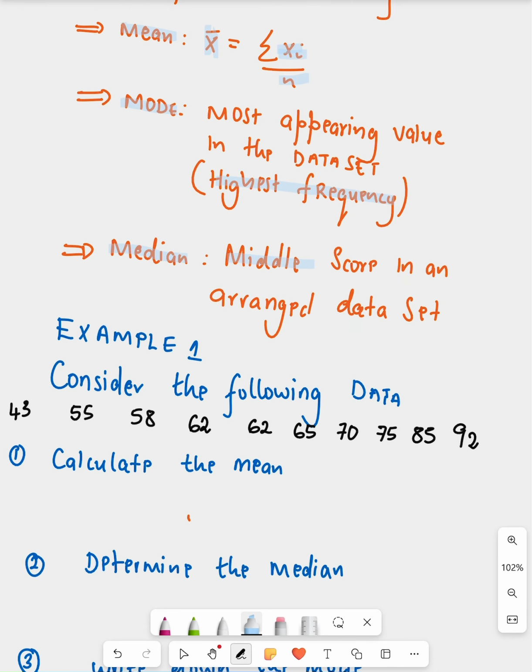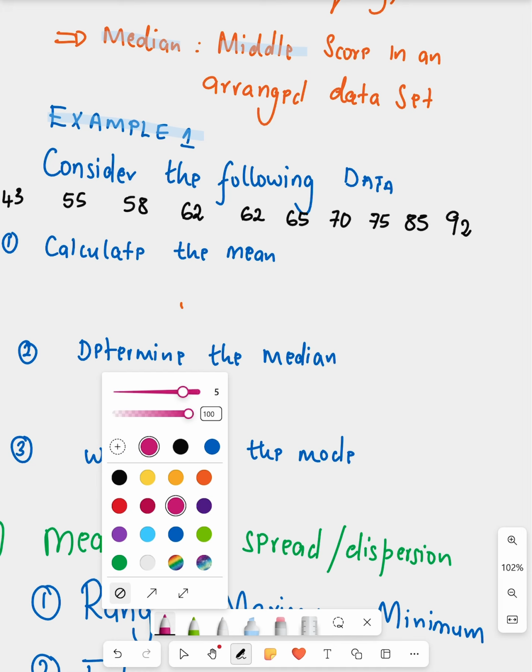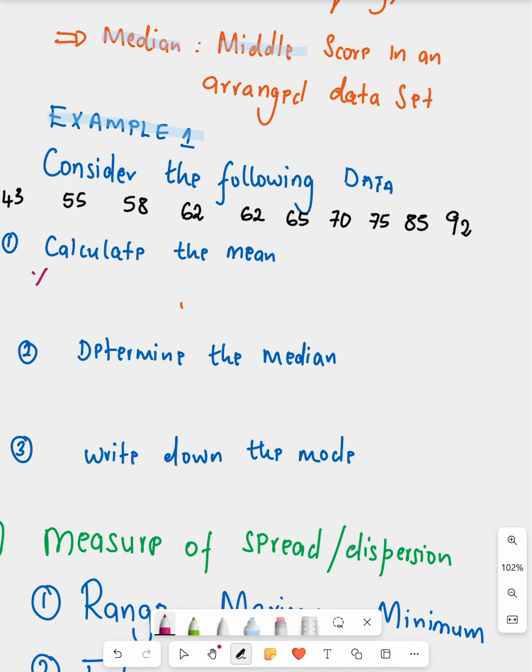Now let's look at this example below. In this example, the first question, we are required to calculate the mean. The mean is given by X bar is equal to the sum of all the scores divided by the number of scores.